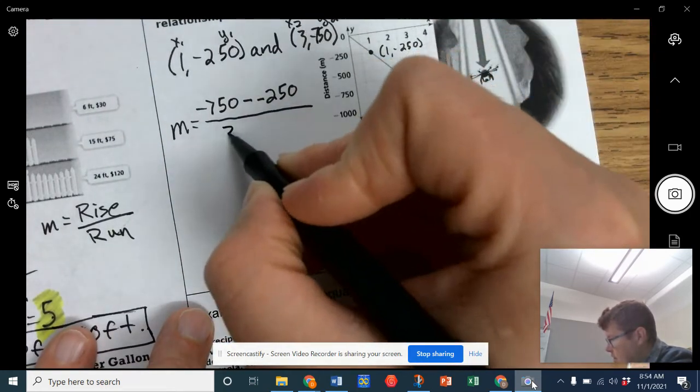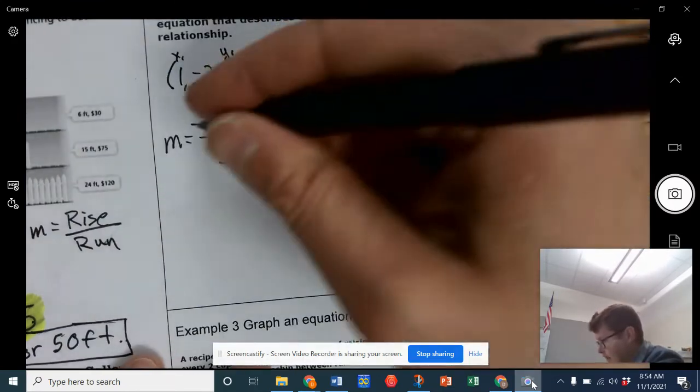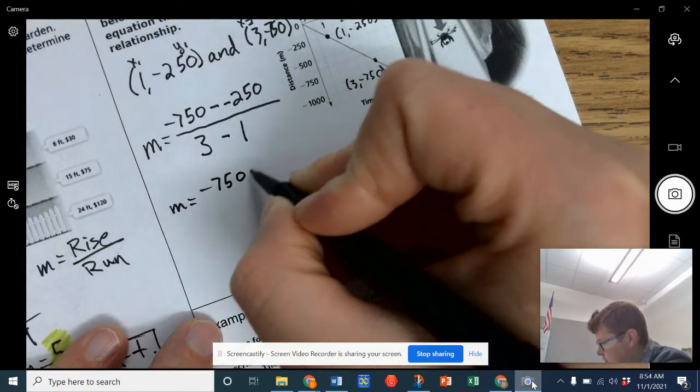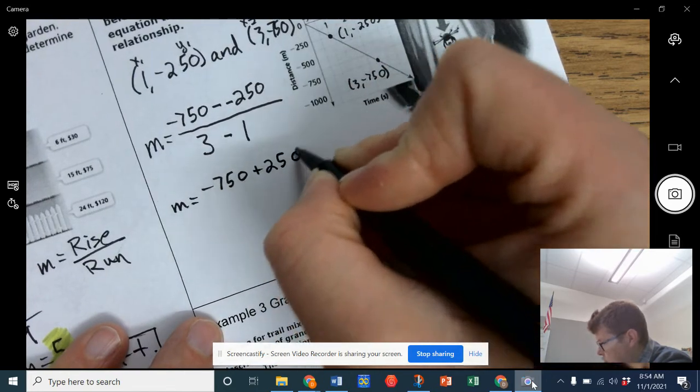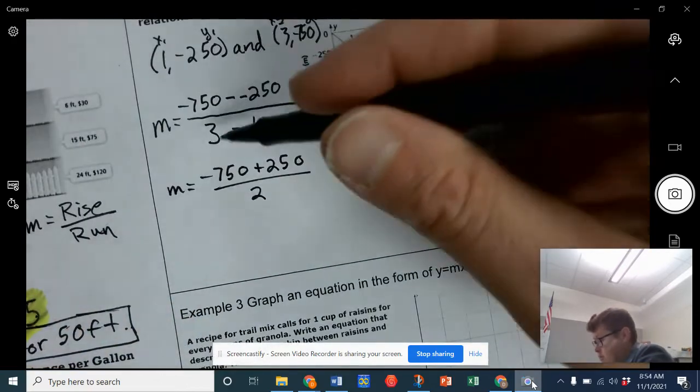Our x2 is 3, and our x1 is 1, so 3 minus 1. So -750, I'm going to simplify this a little bit, the 2 negatives become plus 250, over 2, because 3 minus 1 is 2.